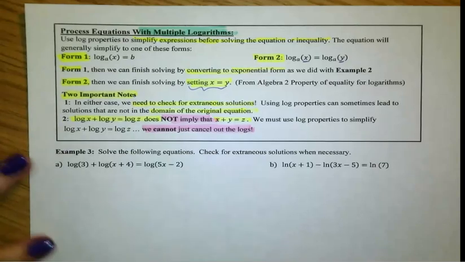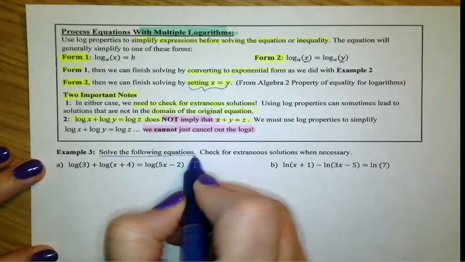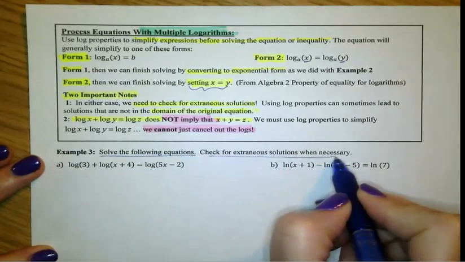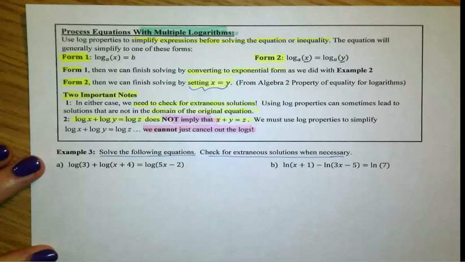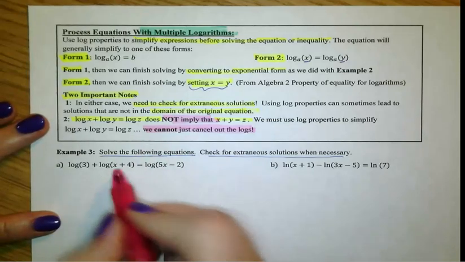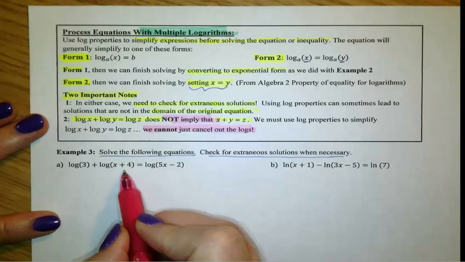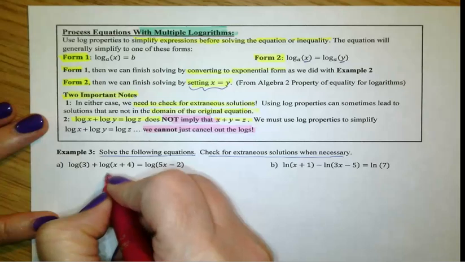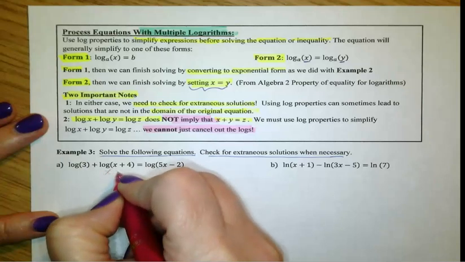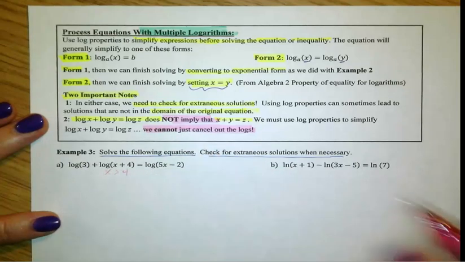All right, so we're going to solve the following equations, and then check for extraneous solutions where necessary. The first thing we're going to do in this problem is look at those arguments and make sure we know what x can't be. For instance, right here, this one has been shifted to the left 4, so our x's for this have to be greater than negative 4.